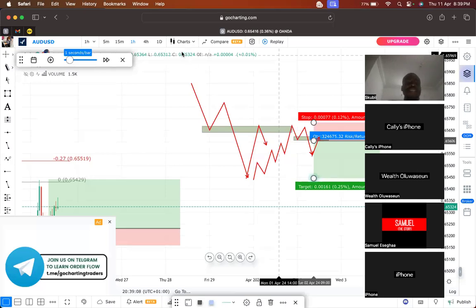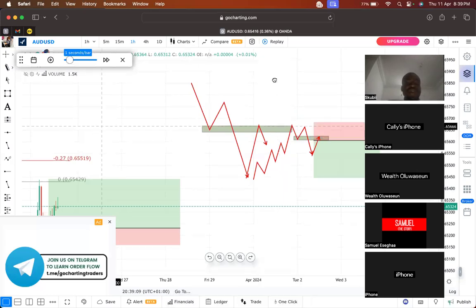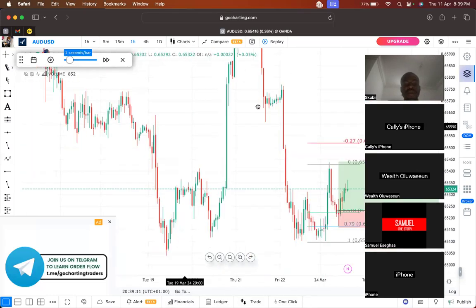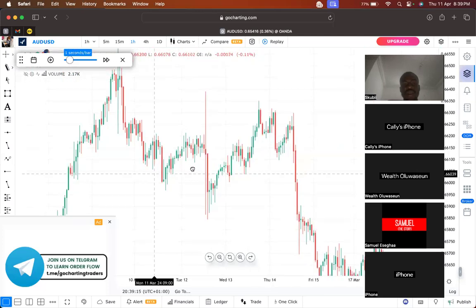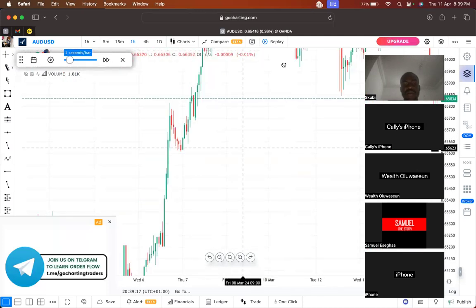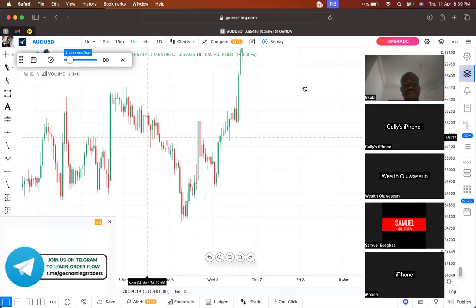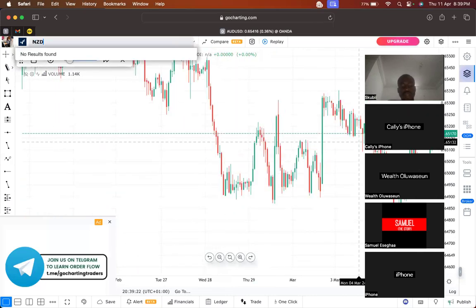So let's jump on our charts and look at a downtrend scenario. Let's see. Yes, sell markets day. I think I saw someone enter the USD.